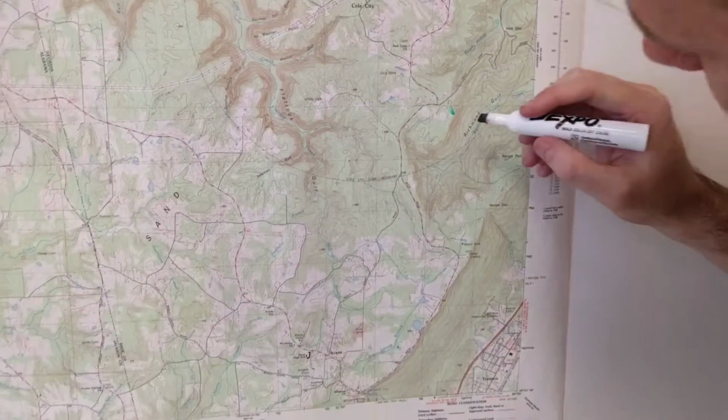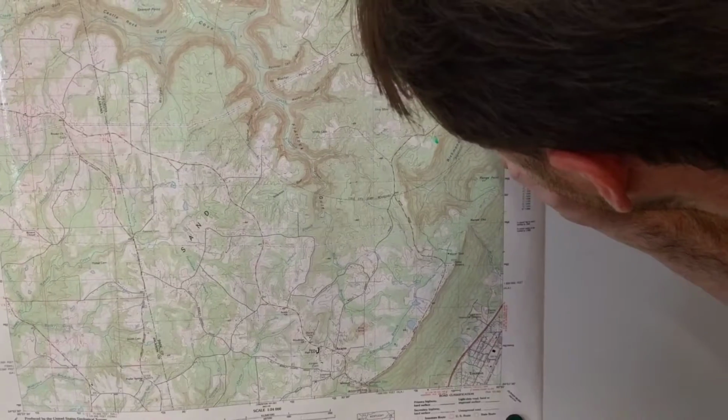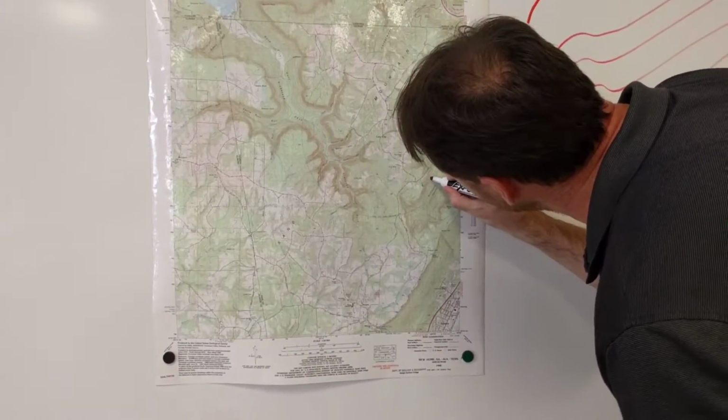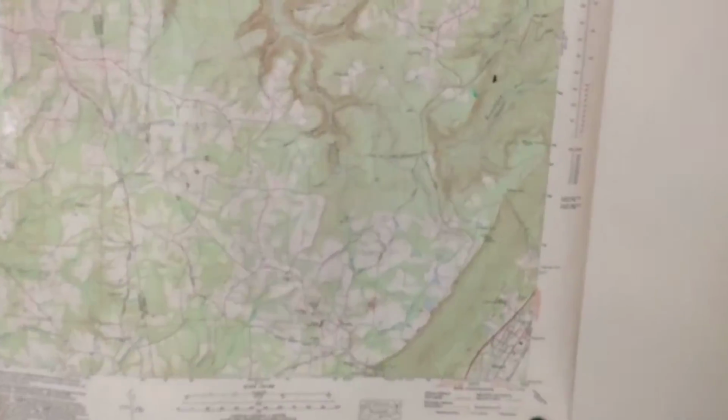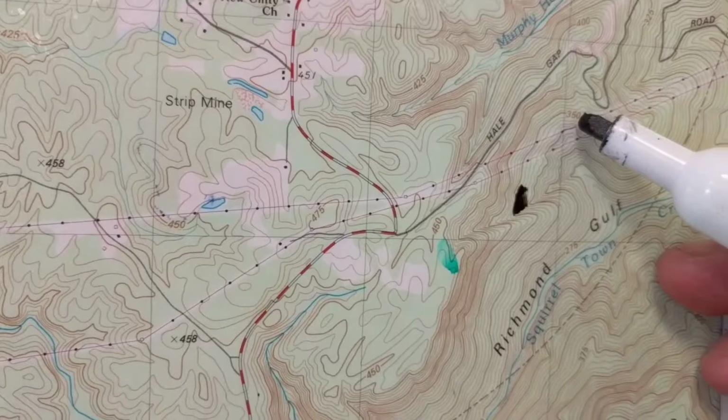And then if we go down, we can see that this one says 350. If we follow this over to the side, you can see that it says 350.